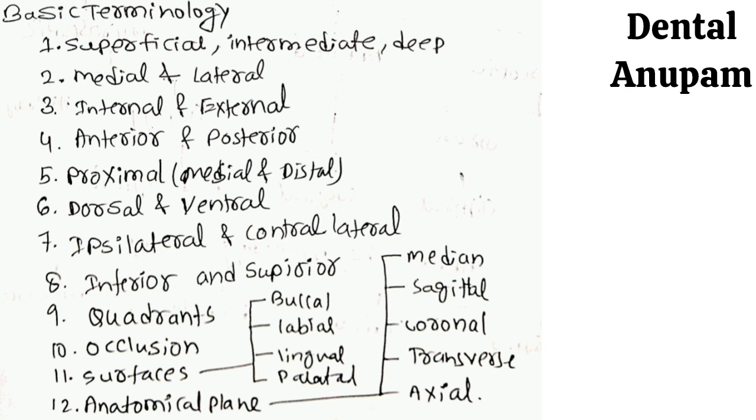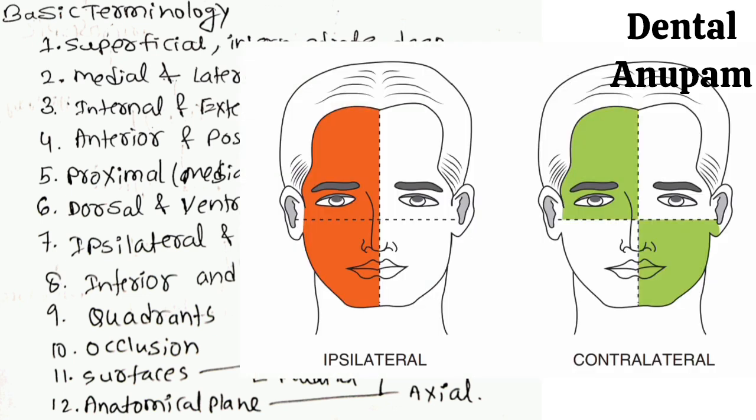Ipsilateral and contralateral. Ipsilateral denotes relation to the same side. For example, the right arm is ipsilateral to the right leg, and the left arm is ipsilateral to the left leg.